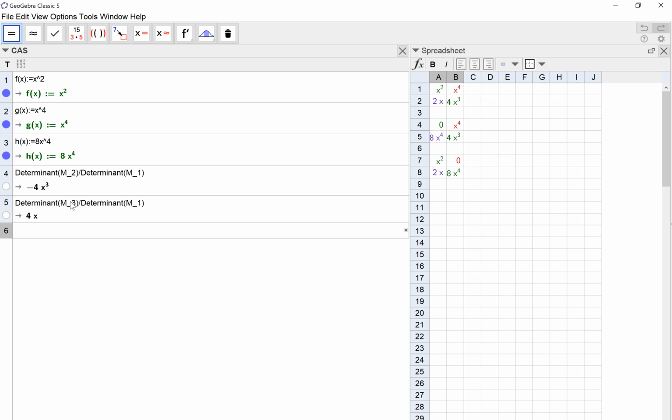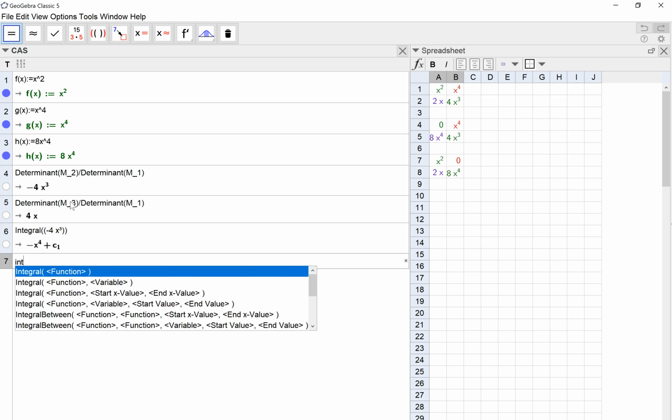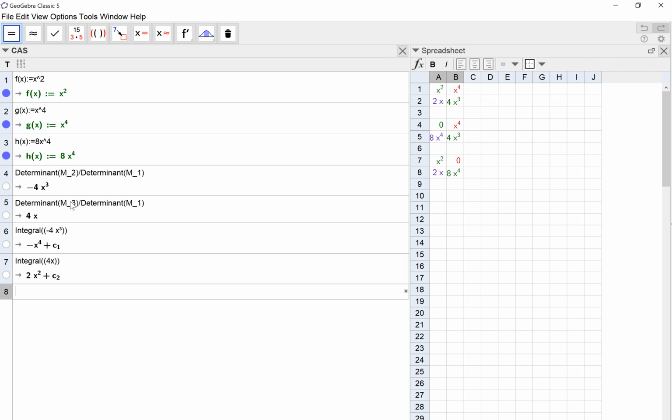These are the solutions for u1 prime and u2 prime, so we need to integrate both of these. We'll integrate number 4 and number 5. Then these are the ones we need to multiply by f of x and g of x. So we'll take number 6 times f of x and add number 7 times g of x, and get that.